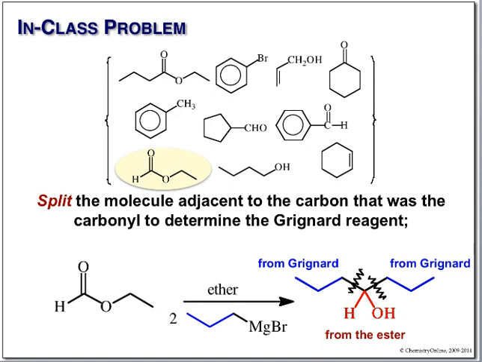But this is just a standard sort of thing. You're given a selection. You have to choose one of them. If it's a Grignard reaction, here we have to split, figure out the Grignard reagent, carbonyl compound, and draw the reaction.